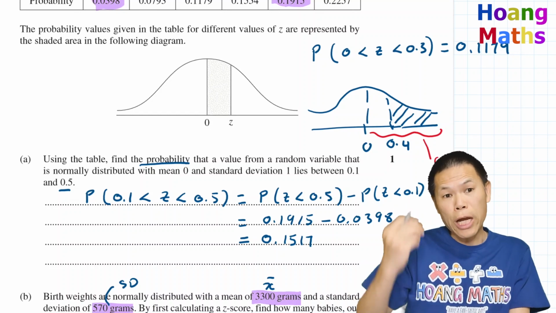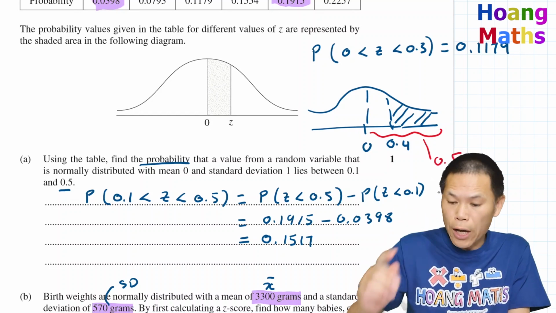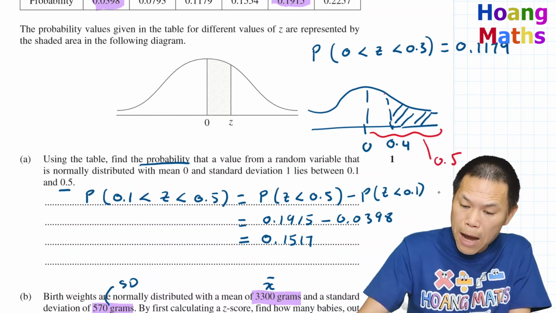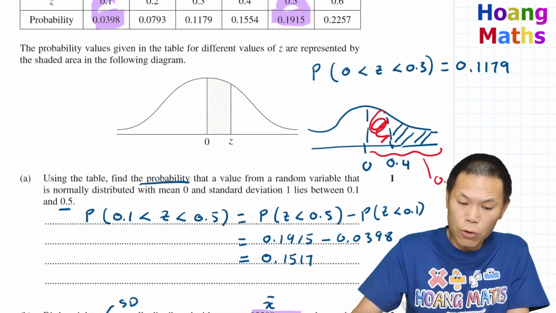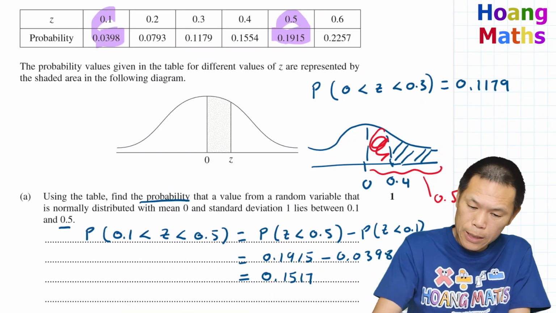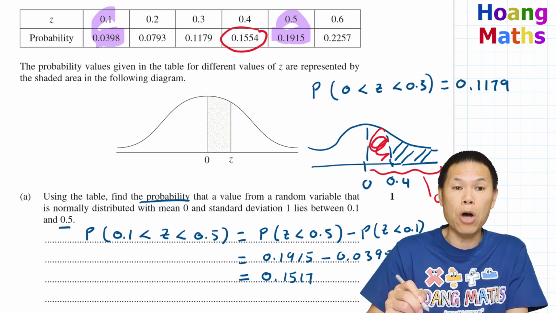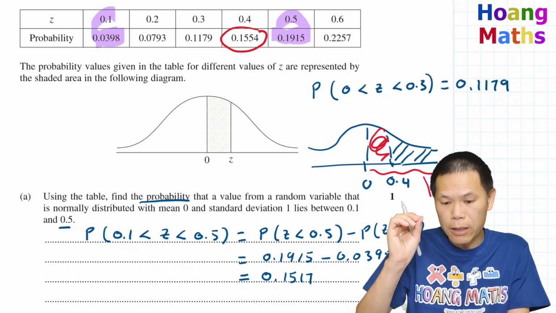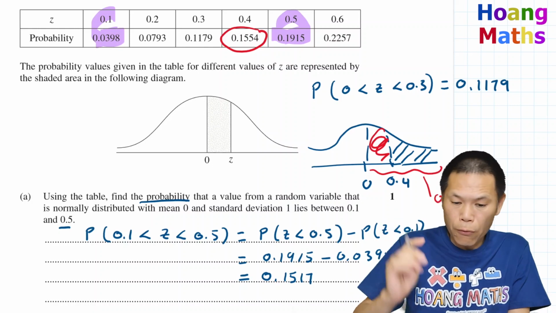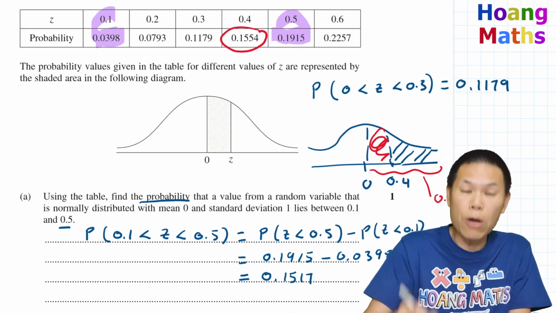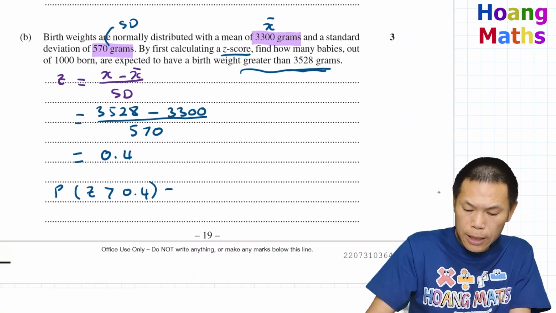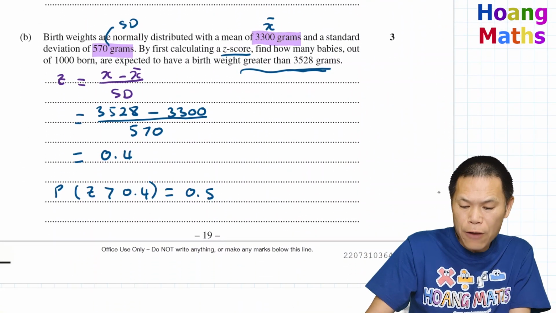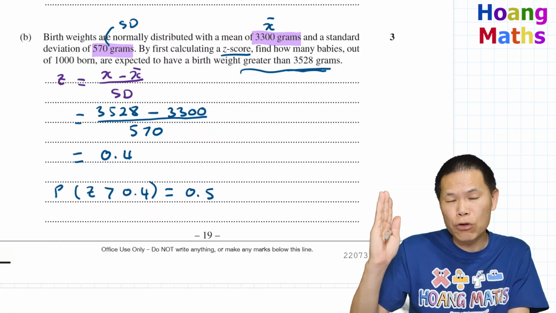Now to find the shaded area, we just need to find 0.5 minus this bit. So this bit here, z between 0 and 0.4, is this number here. Okay, keep that in mind. So the probability of z from 0 to 0.4 is 0.1554.